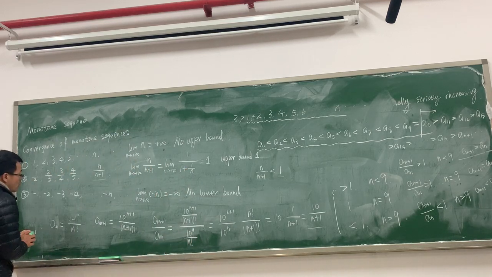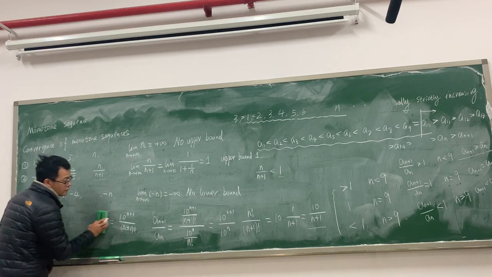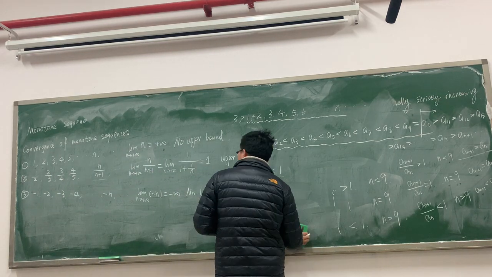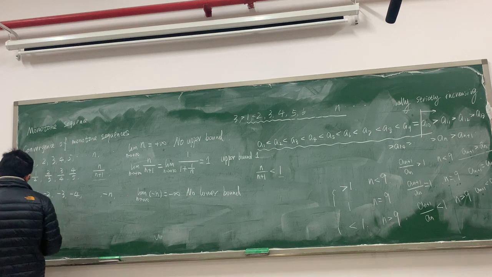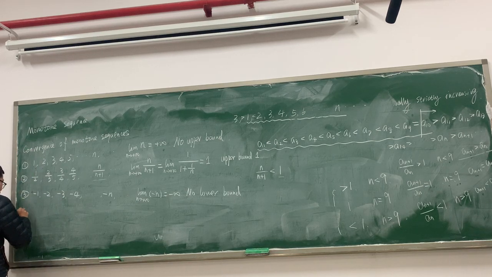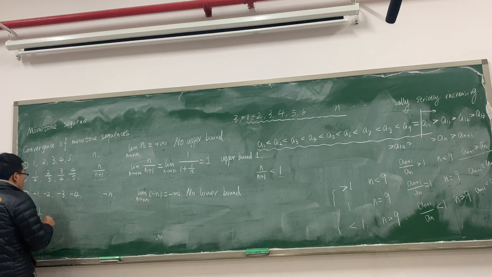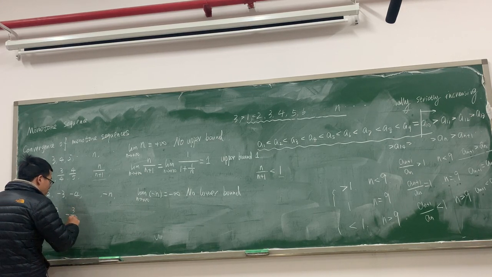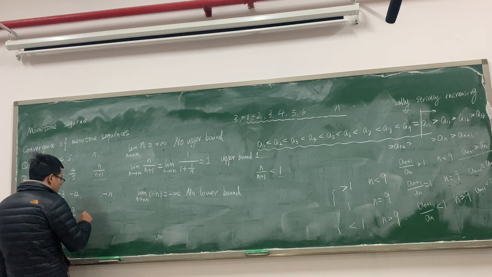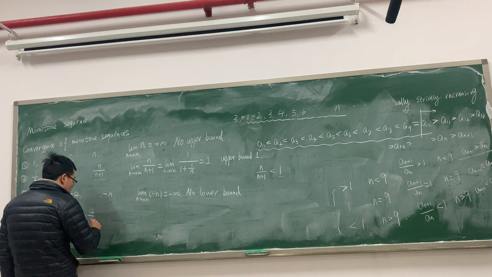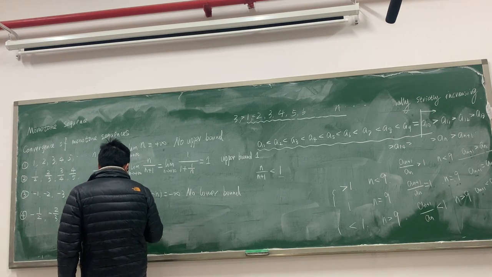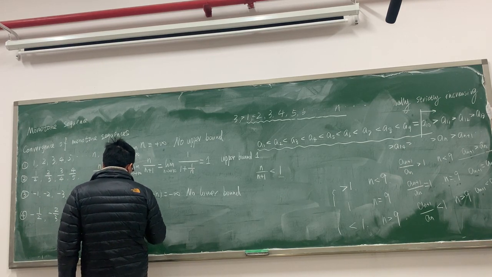So for number 4, it is the same. Okay, so number 4, for example, here minus 1 by 2, minus 2 by 3, and minus 3 by 4. And minus 4 by 5. So go on, here is minus n by n plus 1.